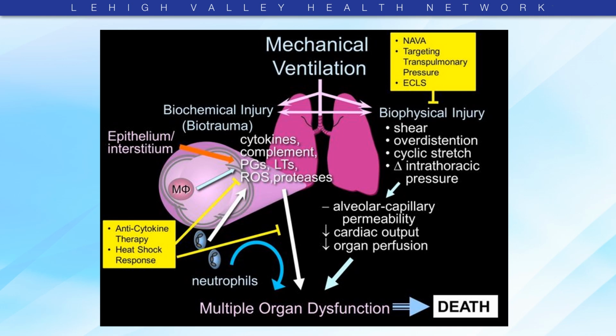A lot of times we call this atelectatic trauma, shear trauma, and stuff like that. So again, trying to minimize the pressures, trying to use things like ECMO may save the person from not only the disease process, but the harmful effects of too much oxygen and ventilator-induced other injuries.